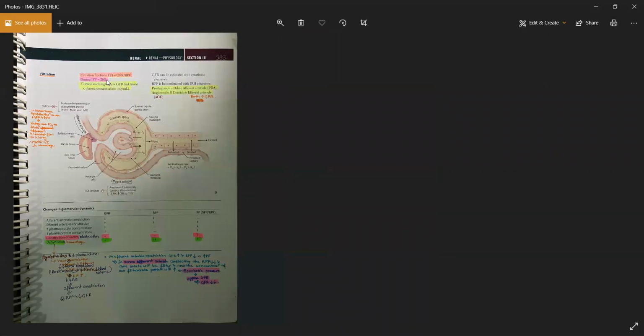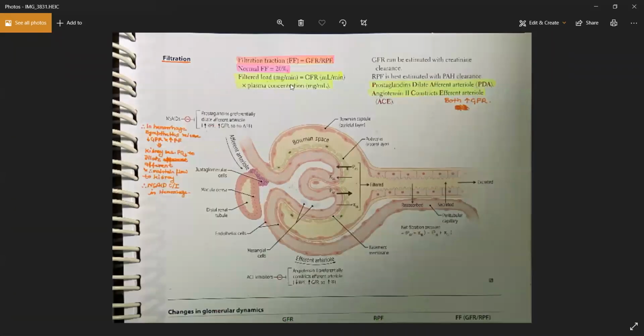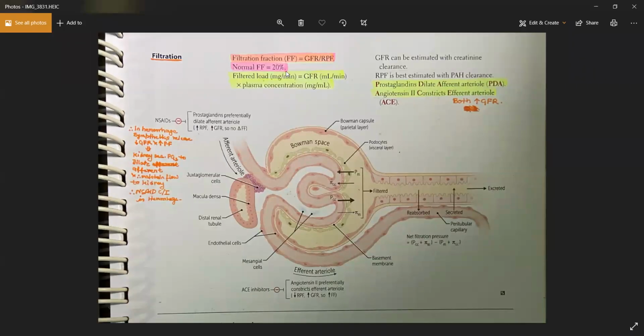So that makes sense that a normal filtration fraction is 20%. Almost 20% of all the blood given to the kidney will be filtered via GFR, and then if there is a substance that could be secreted by the cells, it would be secreted. So the GFR is always 20% of the total renal plasma flow.